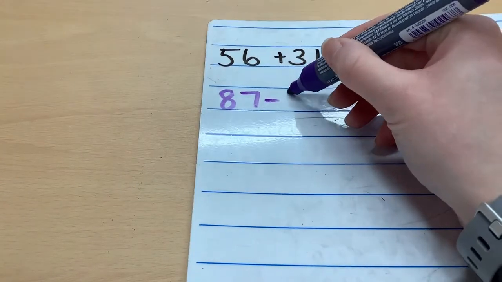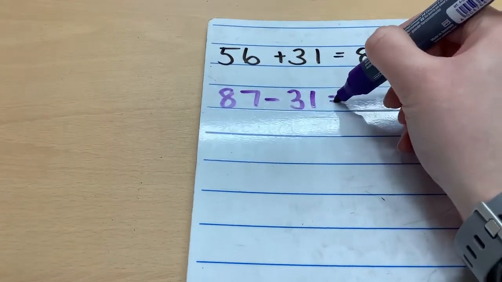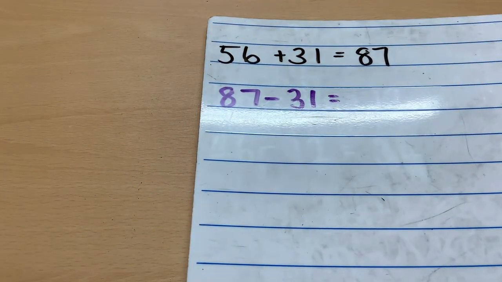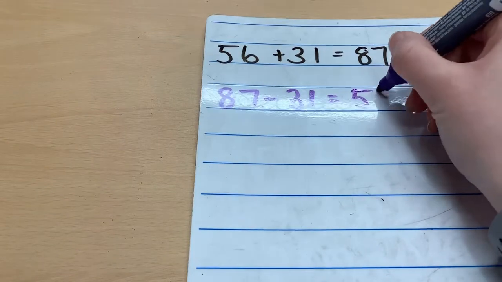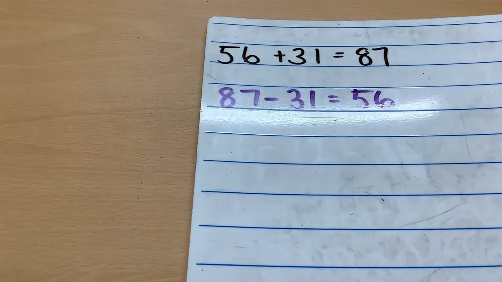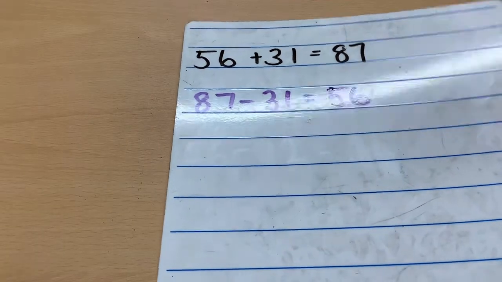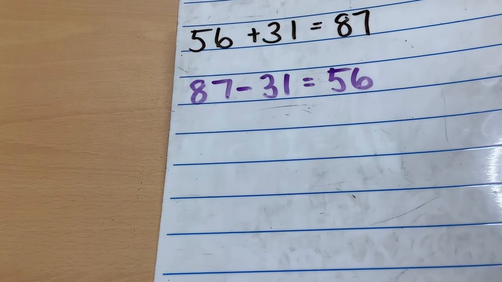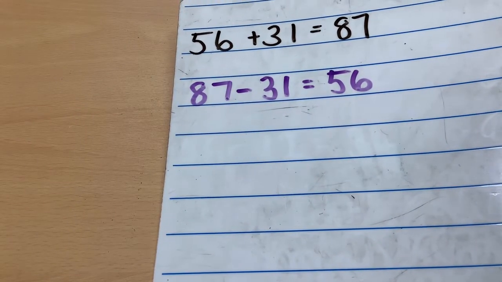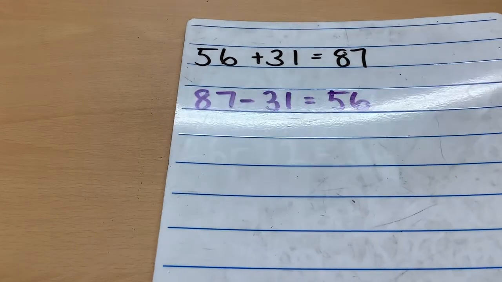First, I'm going to subtract 31, and I need to find the difference. 87 subtract 31 equals 56, has a difference of 56. So can you see again that both calculations are using the same numbers?